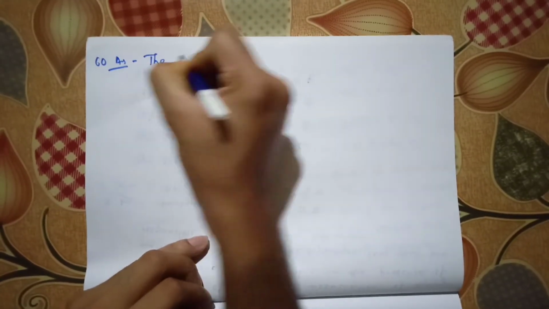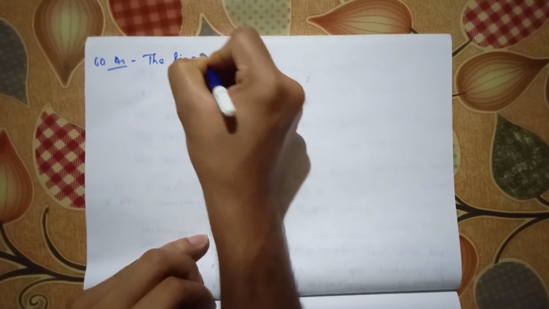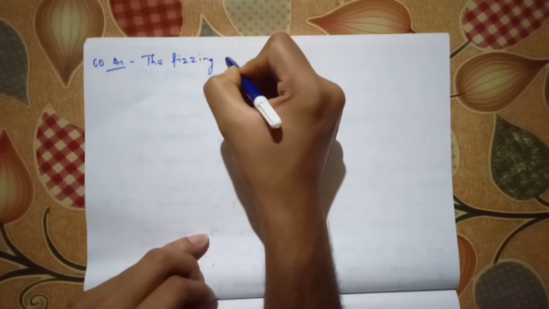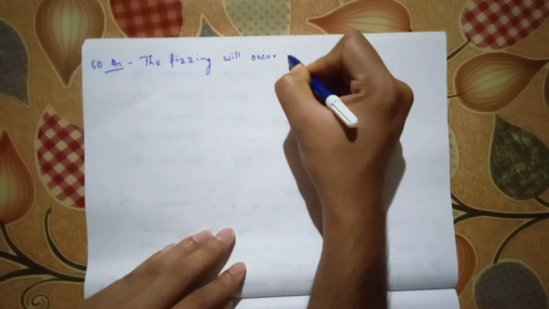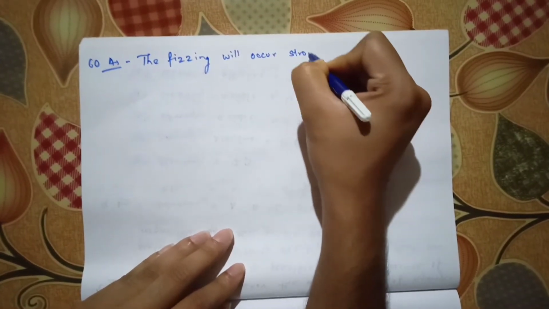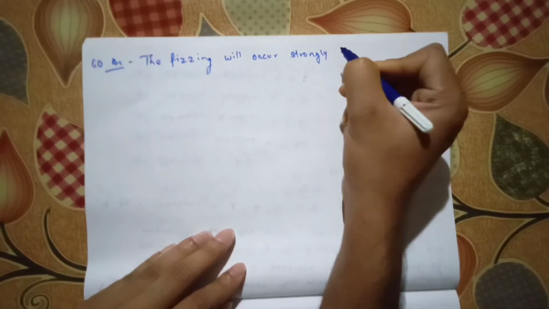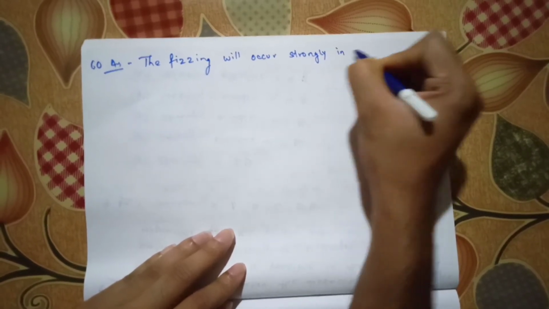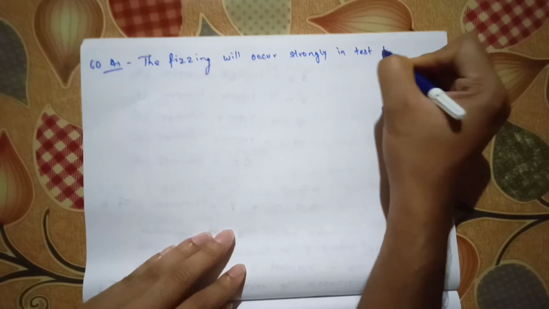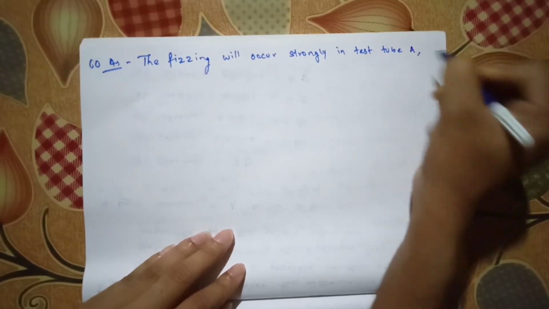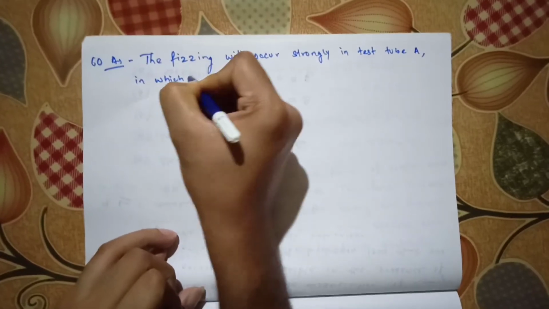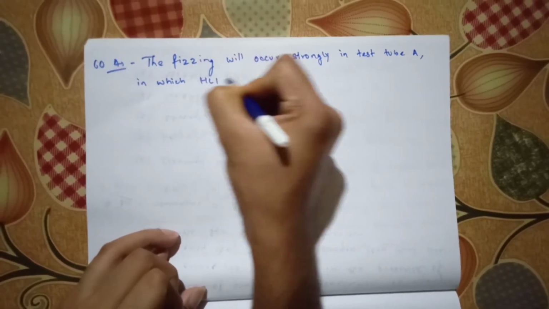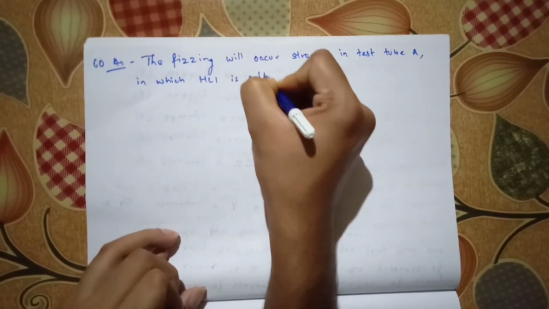So the answer will be like this. The fizzing will occur strongly in test tube A, in which HCl is added.